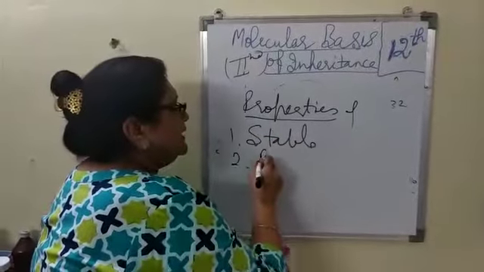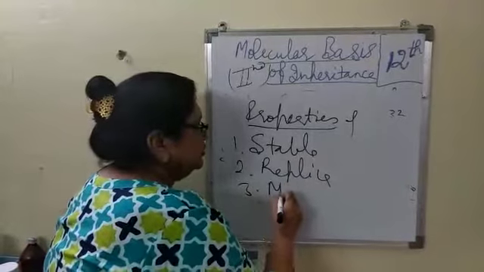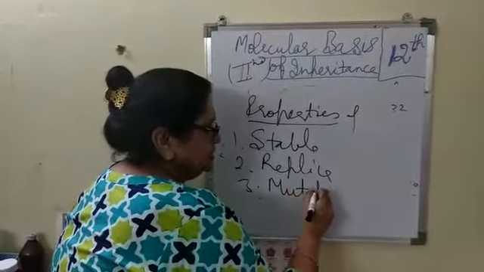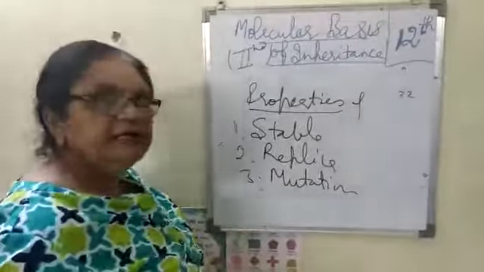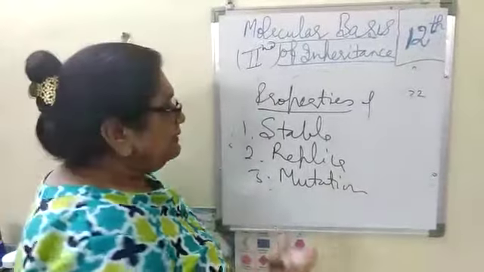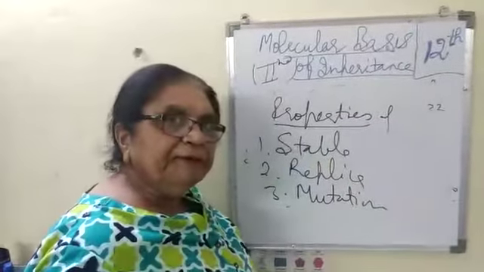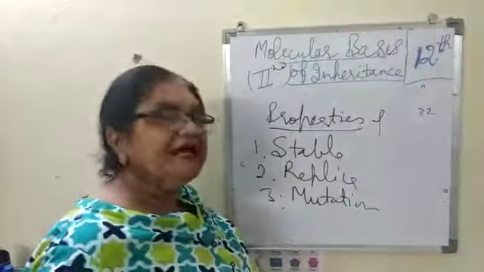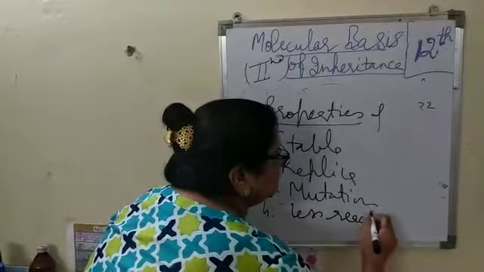Next, it can give replicas. Next, it shows mutations, but at a slow rate. Mutation and replication take part in evolution also. They are more stable, right? Less reactive.